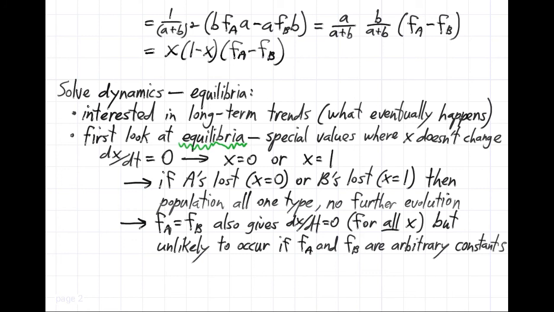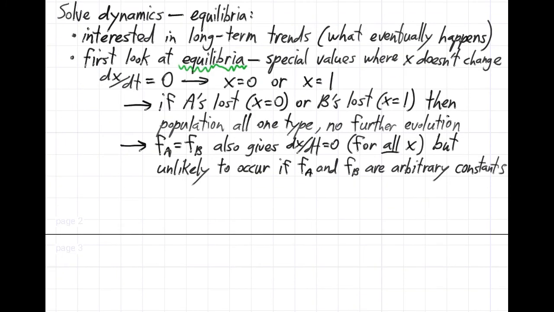A little bit further on, we're going to explore this special case in more detail, and we'll get into why later on. Okay, now the second technique we're going to use to help us solve the dynamics is to look at the stability around the equilibria.